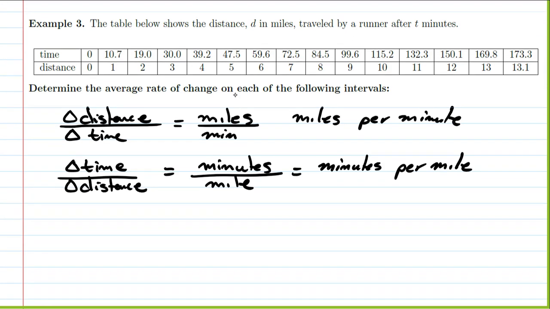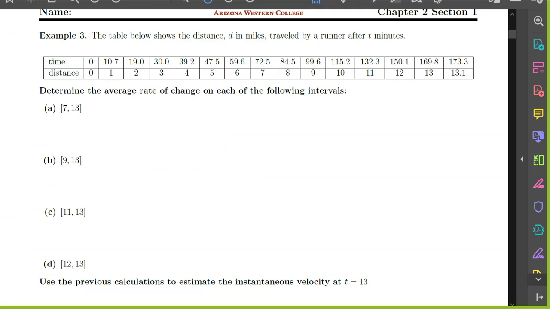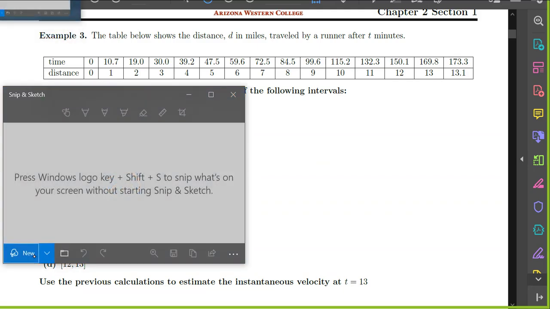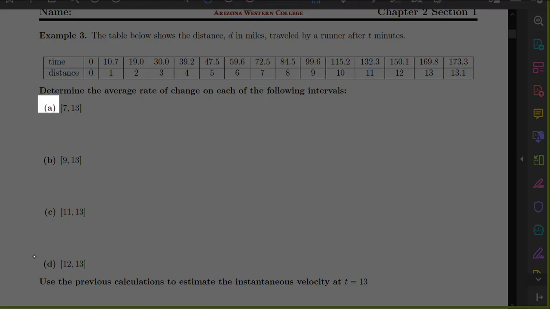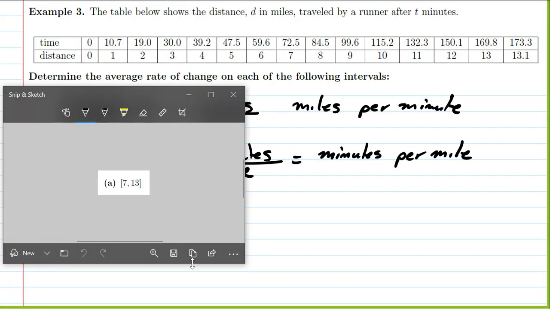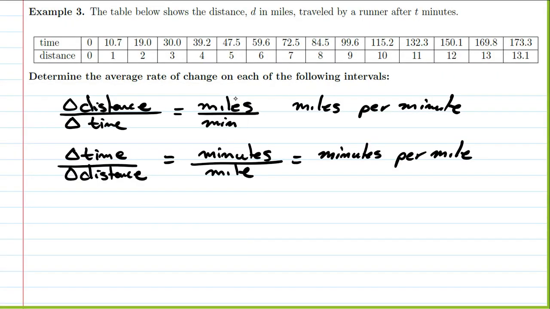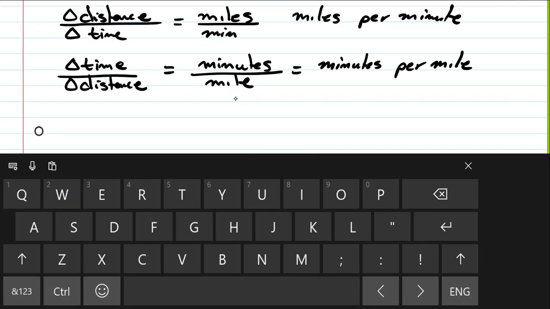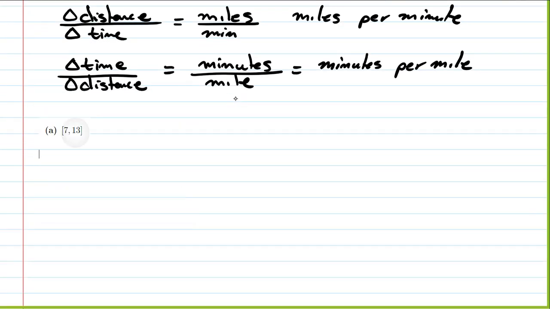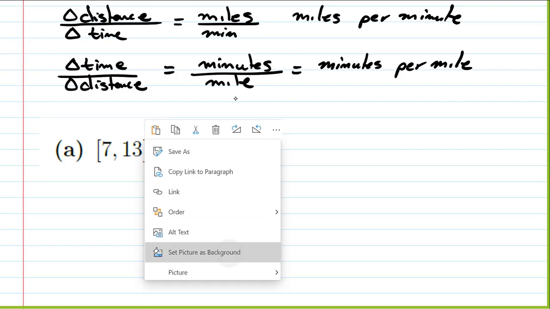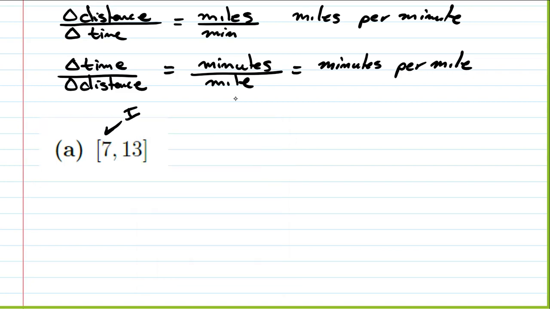So now let's take a look at A in our example. When we're given this right here, what's implied, but not given in words, but implied symbolically, is that 7 and 13 here are both inputs.